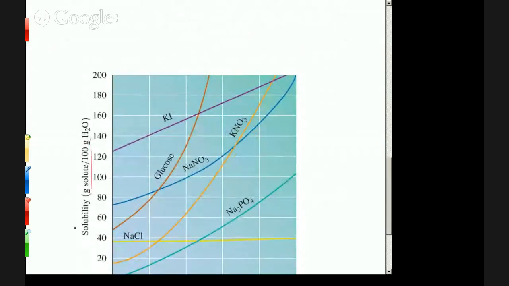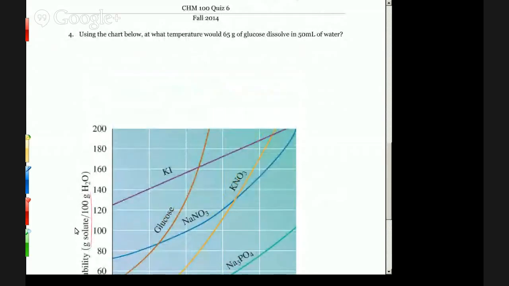Solubility here is grams solute per 100 grams of water. And we're trying to find out about 65 grams in 50 milliliters of water. So 65 grams of glucose per 50 grams of water is how much glucose in 100 grams of water?